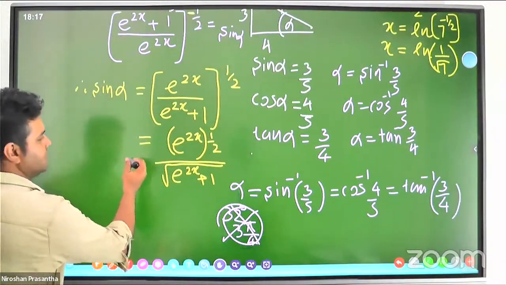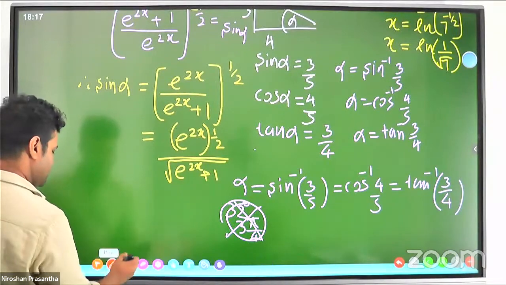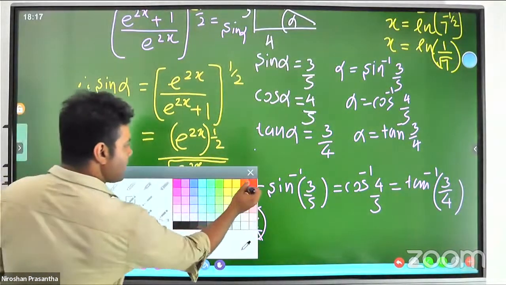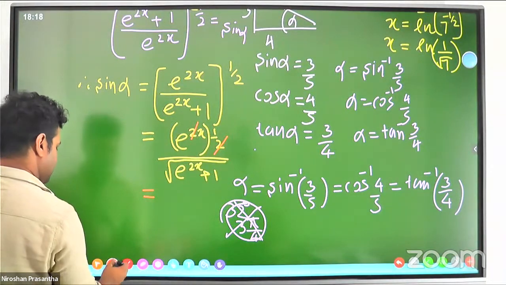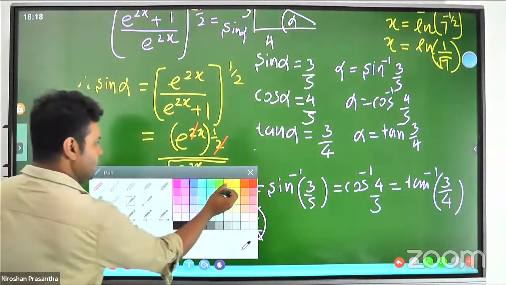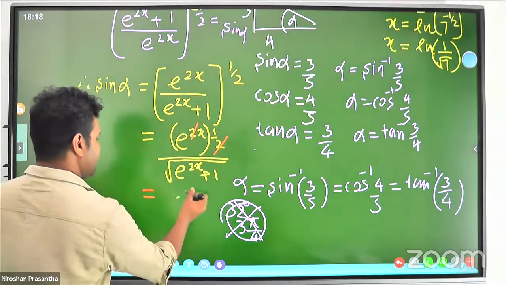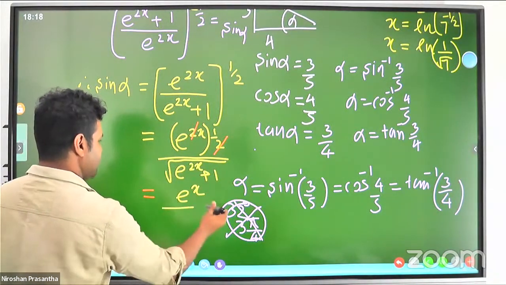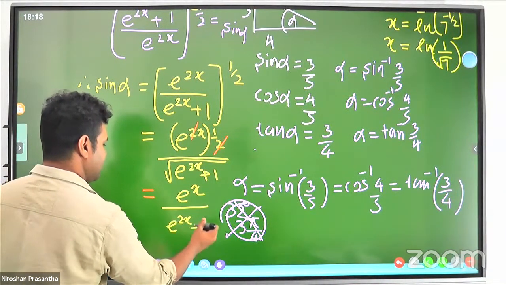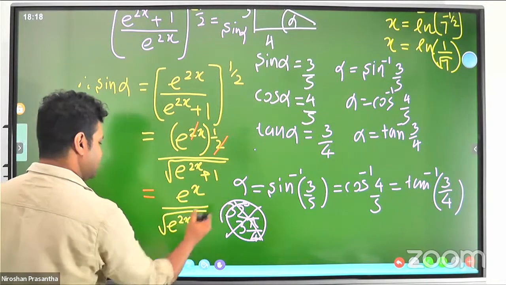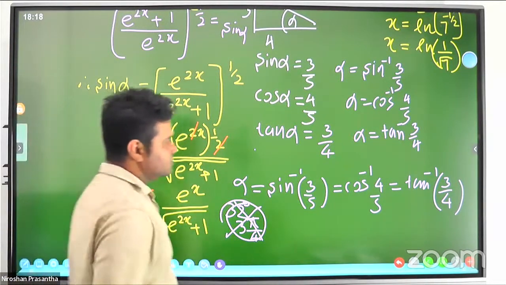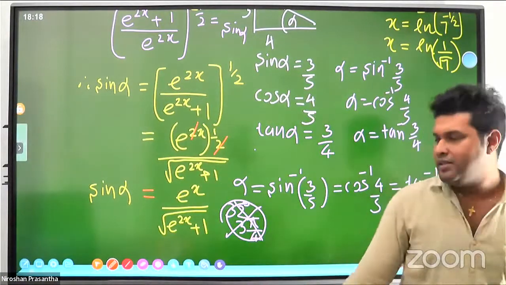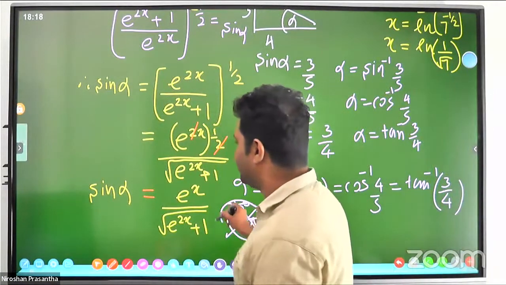Then we can cancel this 2 and 2. Look at the answer: e to the x over the square root of e to the 2x plus 1. This is sine alpha. Then have a triangle and get tan alpha.